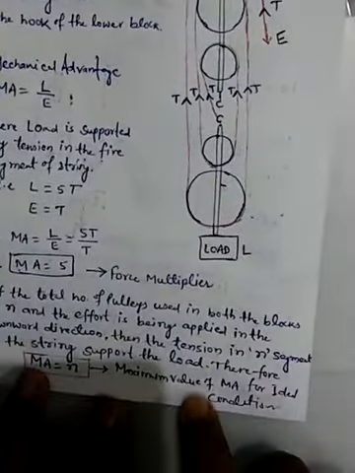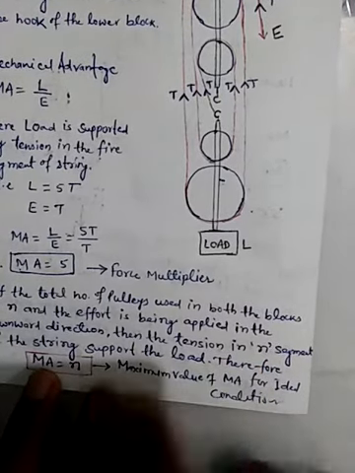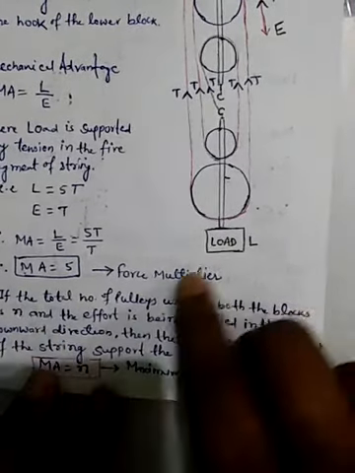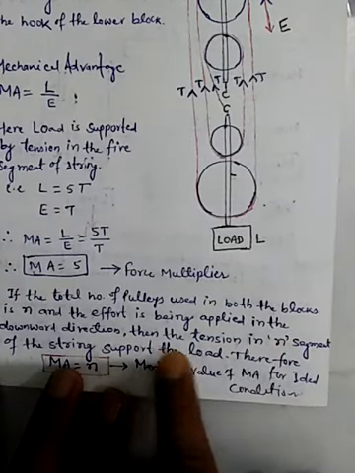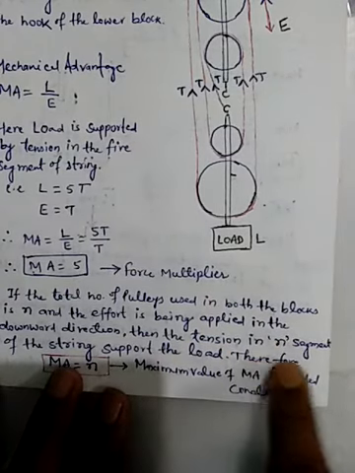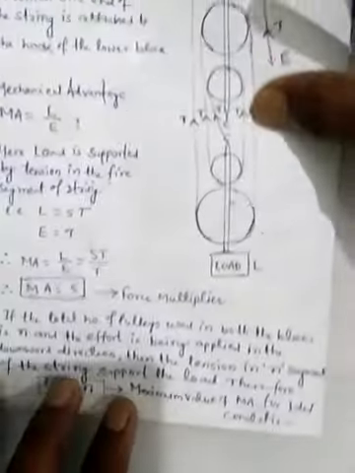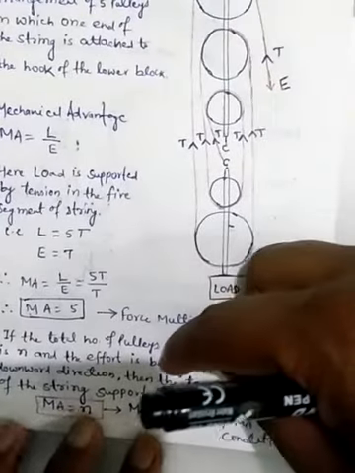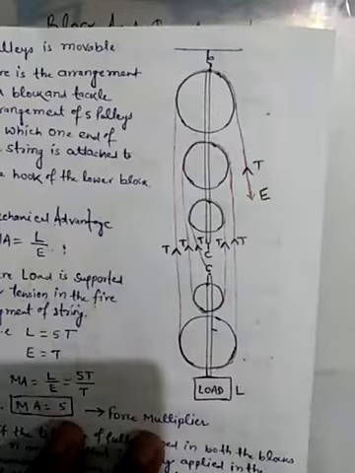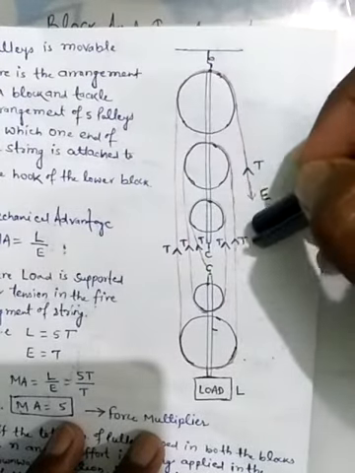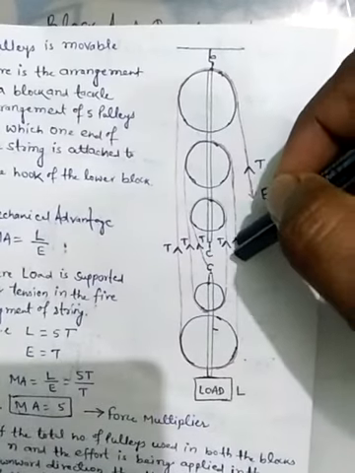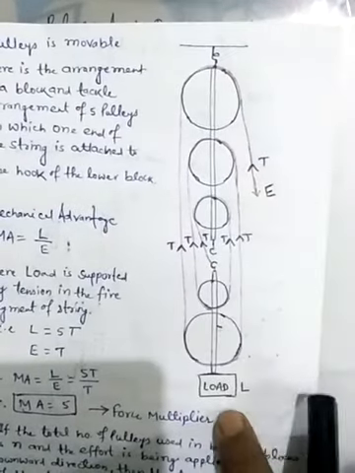If the total number of pulleys used in both the blocks is n, and the effort is applied in the downward direction, then the tension in n segments of the string supports the load. Here, since the number of pulleys is 5, the segments are 5 which support the load.